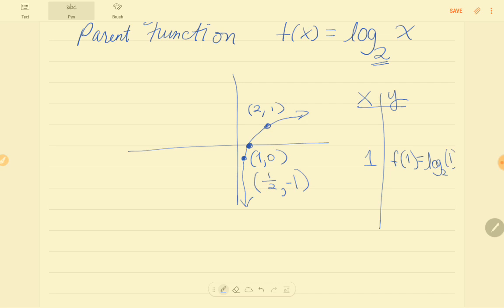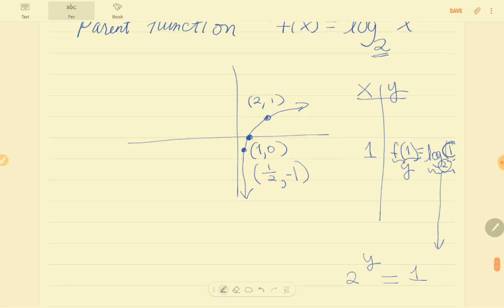If you think about it in exponential form, remember, a logarithm is the power to which you have to raise the base in order to get the input. We also call that an argument sometimes. So if I convert that expression to an exponential, and this is my y value, 2 to the power of y is equal to 1.